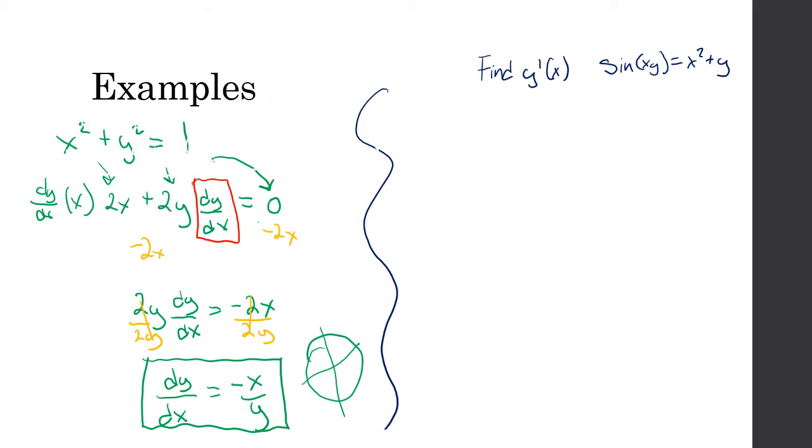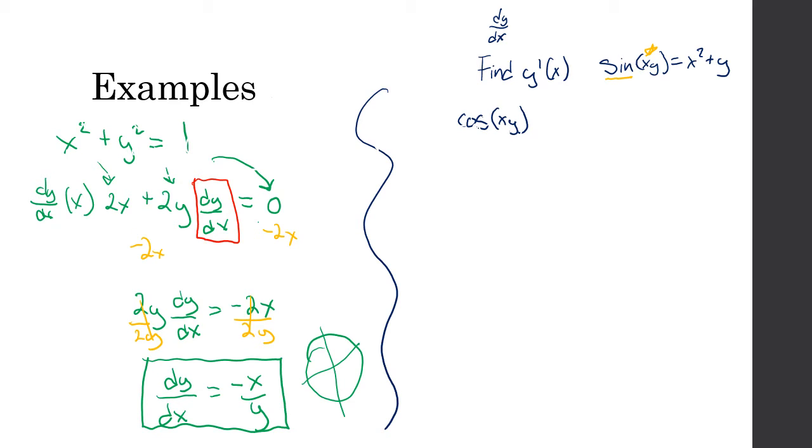So our next example is a little bit more complicated. It's find y prime. Remember, y prime and dy dx are similar notations. And the equation is sine of xy equals x squared plus y. So we're going to break this down piece by piece. Here we've got an outer function and an inner function, so let's do the outer function first. The derivative of sine is cosine, and the inside stays the same.